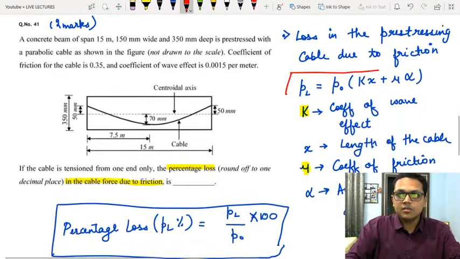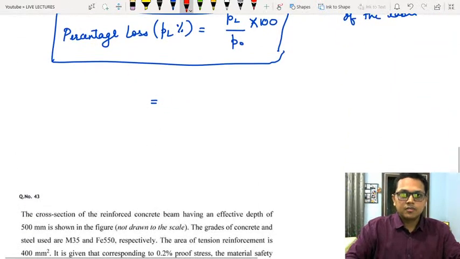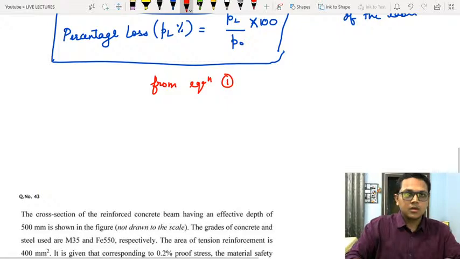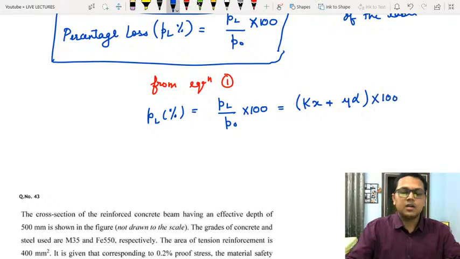From equation 1, percentage loss is equal to PL divided by P naught into 100, which is equal to Kx plus mu alpha multiplied by 100.